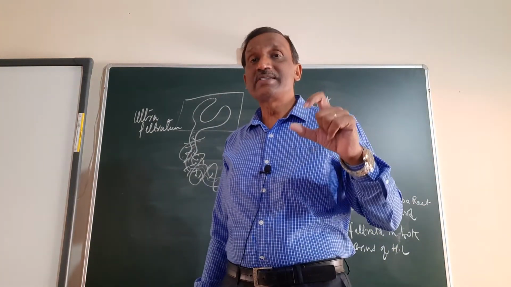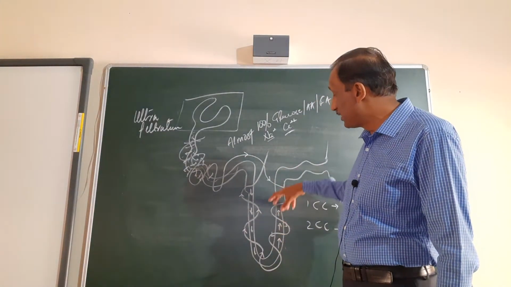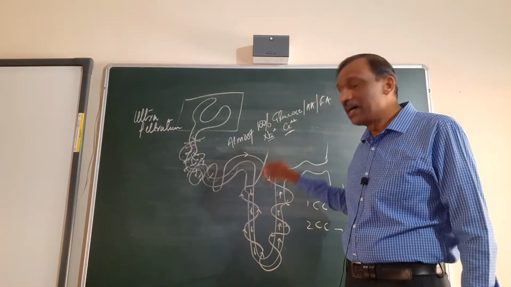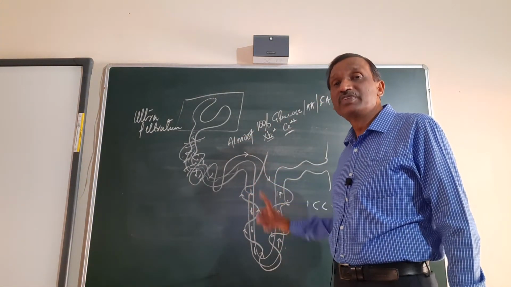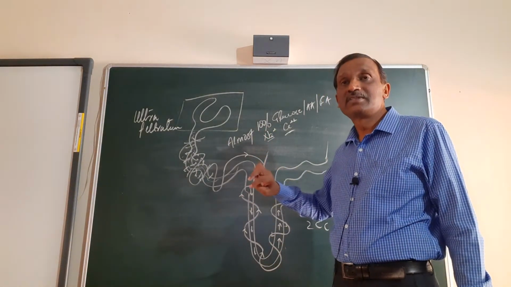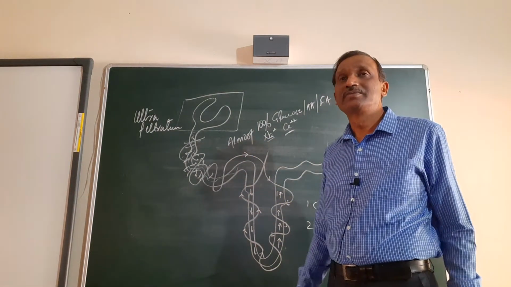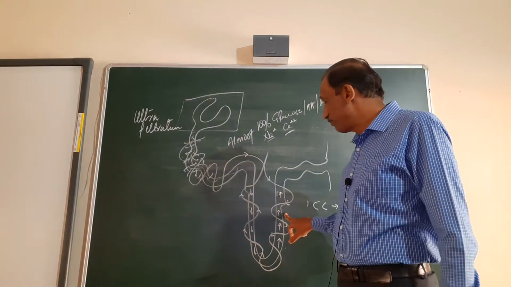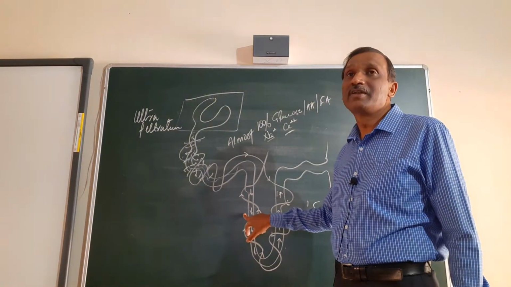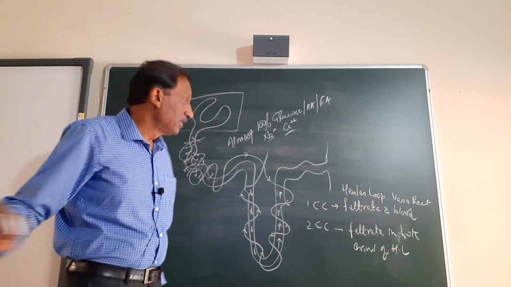The membrane of the arm of Henle's loop which is ascending in direction is permeable for minerals, but the one which is descending is permeable for water. That means with this one you can absorb minerals but not water, and with that one you can absorb water but not minerals. Let's see what happens.